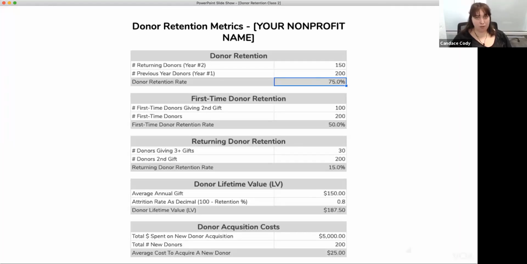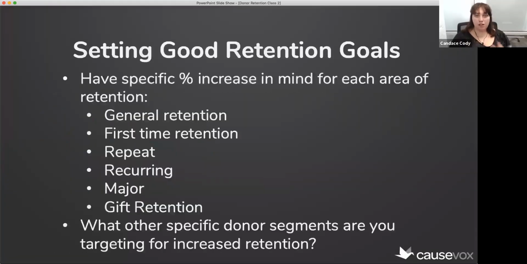Maybe you want to specifically target first-time donors, increase that retention rate 5%, and then increase the returning donor retention another 5%. So that leads to an overall 10% increase. That's an idea for you. But whatever your retention goals are, you're going to want to have them be really specific and broken out into these different donor segments.